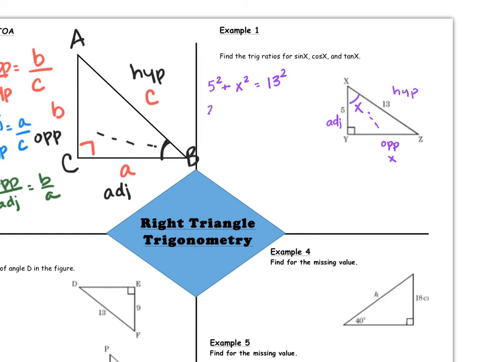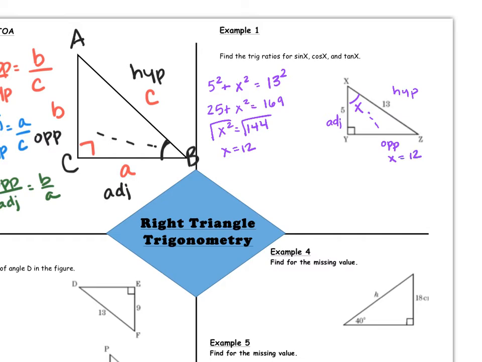So we have 25 plus x squared equals 13 squared, which is 169. We'll subtract 25 on both sides, and we get x squared is equal to 144. Take the square root of both sides, we get x equals 12. So we know our missing side over here, x, is 12.